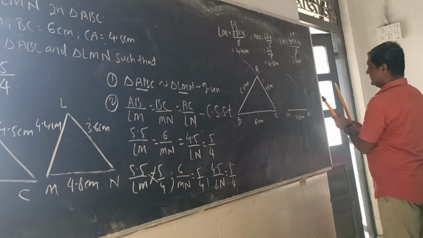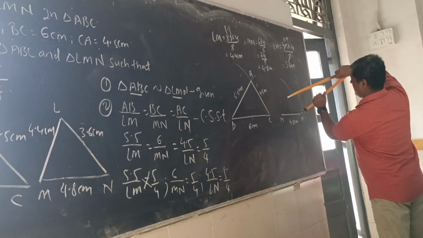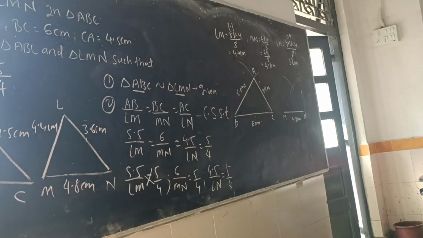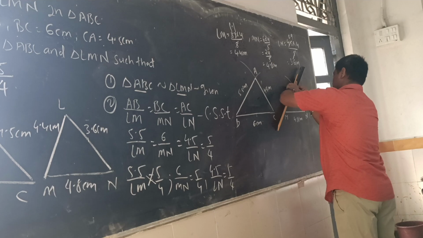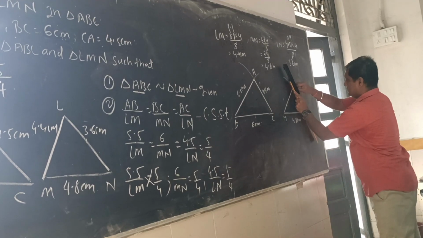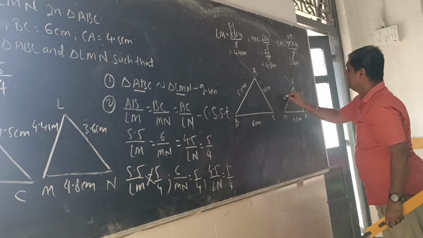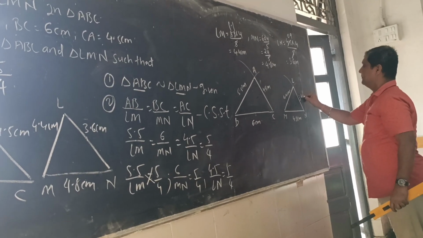Then another one is 3.6. Okay, all of you understood? Yes. Then join this arc and it's your triangle LMN, with measurements 4.4 centimeter, 4.8 centimeter and 3.6.